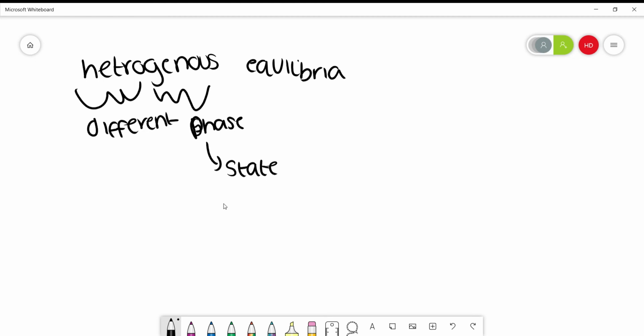In a heterogeneous equilibria, when you're doing a Kc expression for it, if they're all in different states, then not all the species are involved in the Kc.